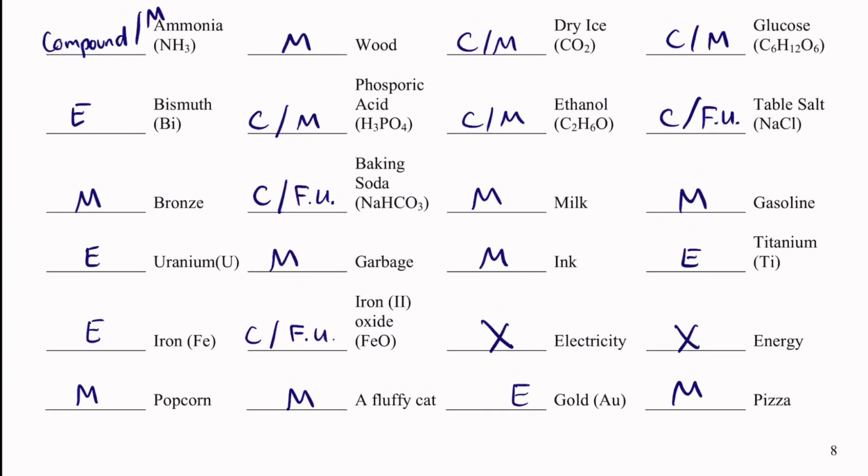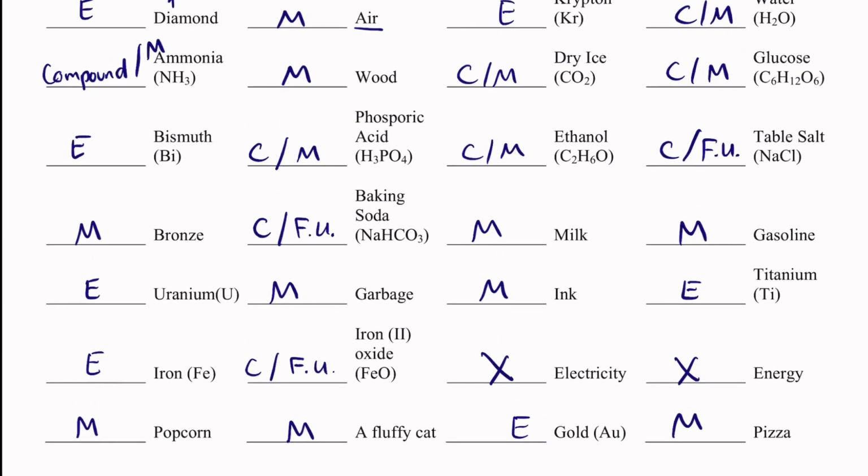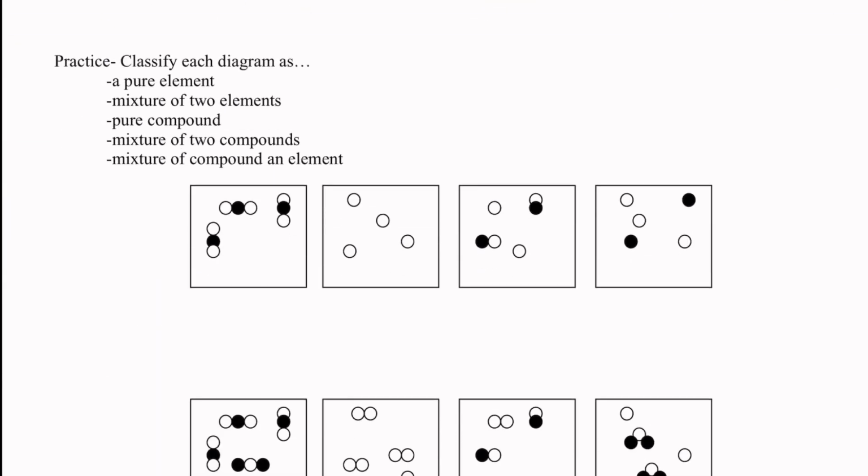Okay, so some of those maybe are a little tricky, like electricity or energy. You might have had to think about that, but those are going to be none of the possibilities that we had.